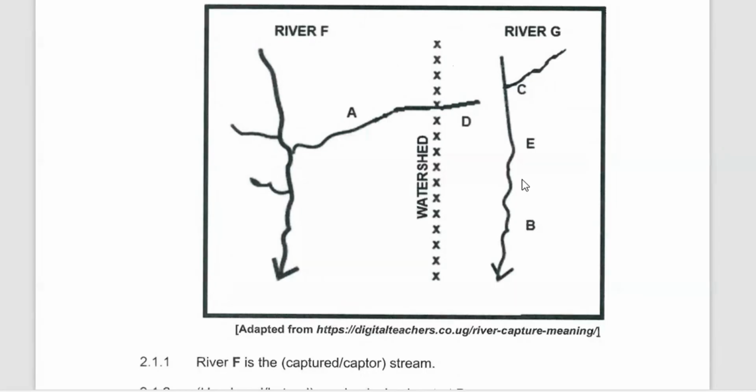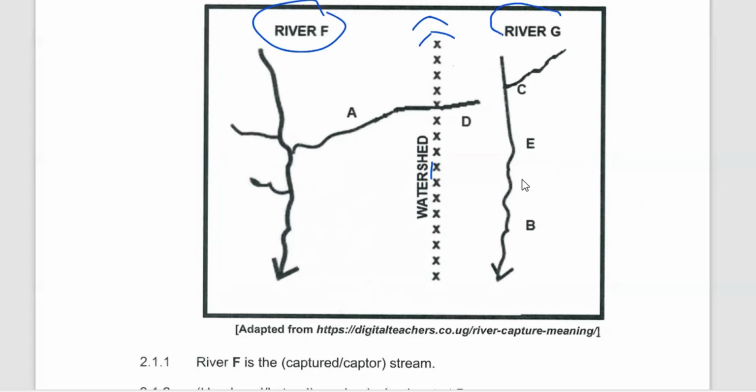Right, as you see, we have river F. Our river F, in its own drainage basin, is split by this high-lying area, which is labeled a watershed. Remember, a watershed is a high-lying area that separates two distinct river systems, or that separates two drainage basins.